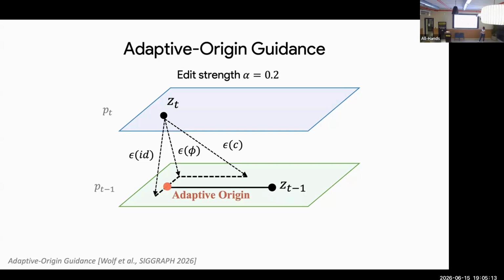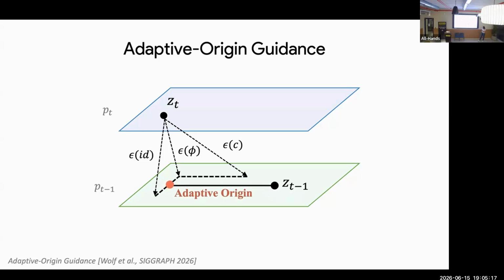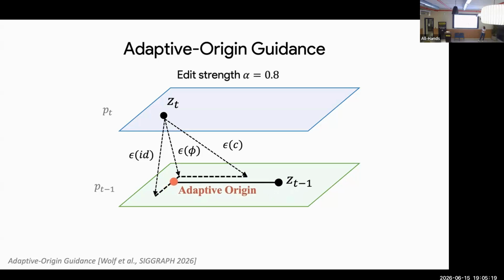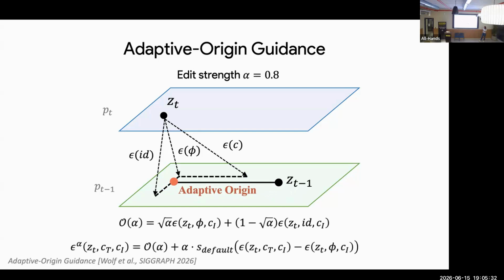So for alpha equals 0.2, we move a bit towards the unconditional prediction. For alpha equals 0.8, we're already very close to the unconditional prediction, and still we do the same extrapolation towards the CFG direction.